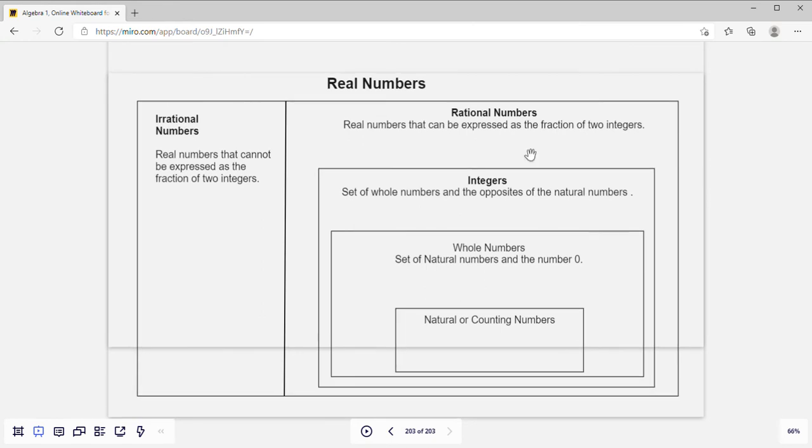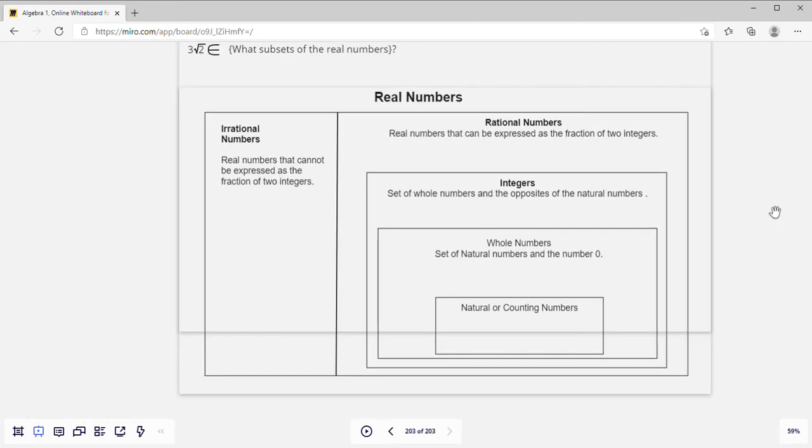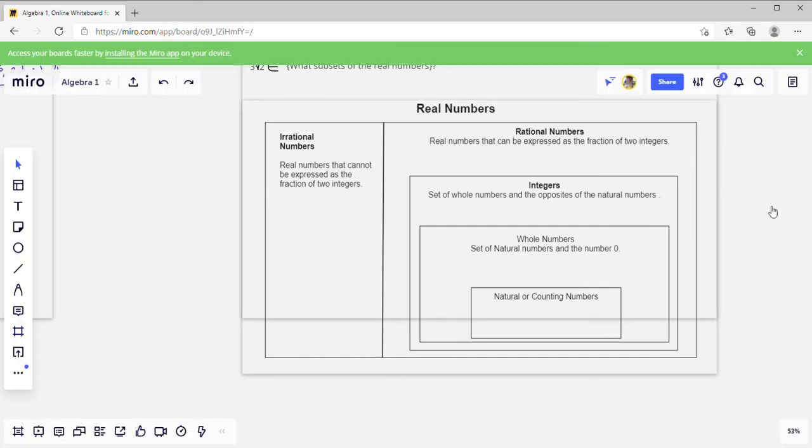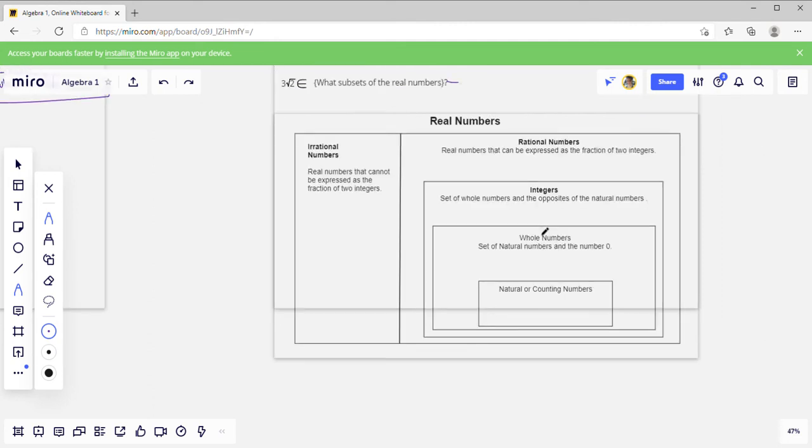So we can see that this is part of our real numbers. So we would write reals. And it's going to be an irrational number. And that's the answer to that one.